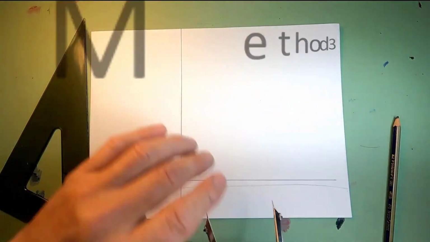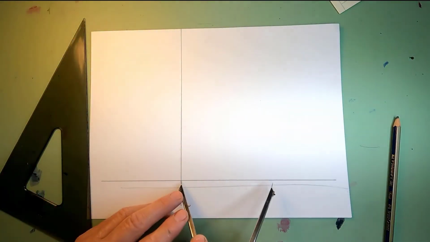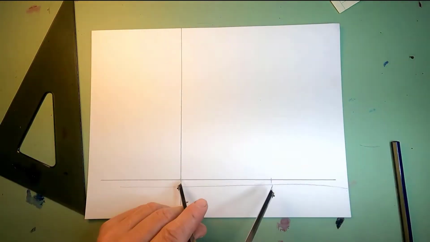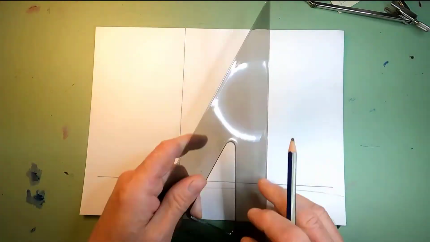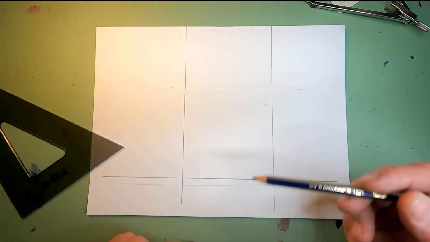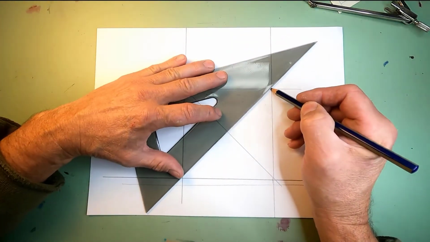You can also do this by just eyeballing a square and using a compass to give you consistent dimensions. You'll find that you can eyeball the vertical and horizontal lines relatively close.